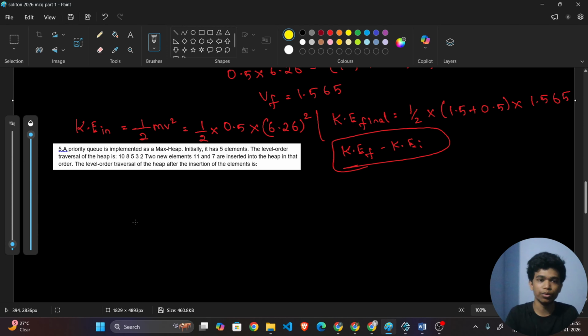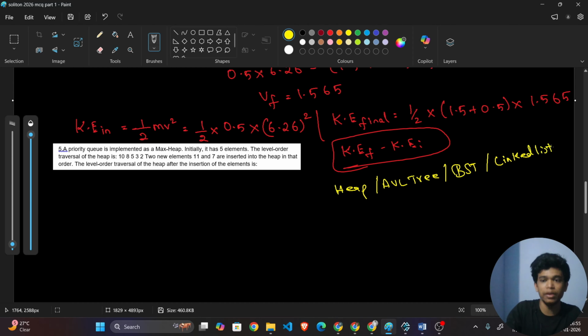A priority queue, which means the heap, is implemented as a max heap. These kinds of CS questions in the DSA part can be asked, like heap or AVL tree or binary search tree, or maybe a linked list.